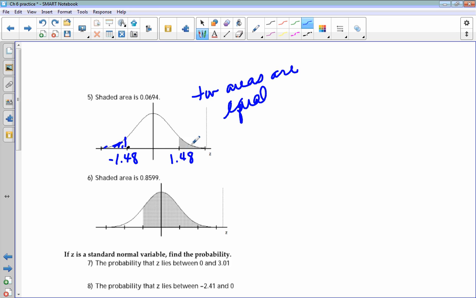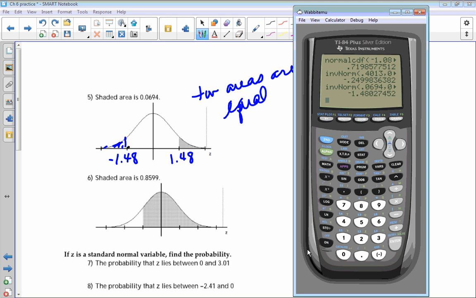So let's see how we could put that in our calculator so we don't have to remember the positive or negative. So we can say second distribution, cursor down to inverse, and we're going to take 1 minus 0.0694, and that area would then be 0.9306, and again leaving mu at 0 and standard deviation of 1.